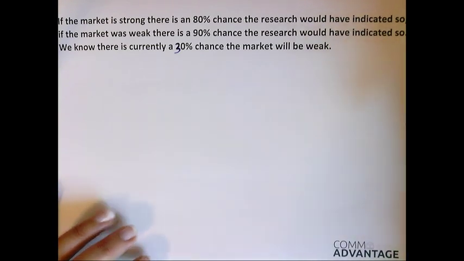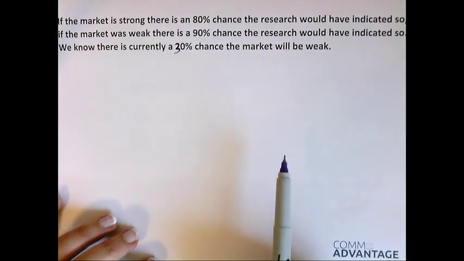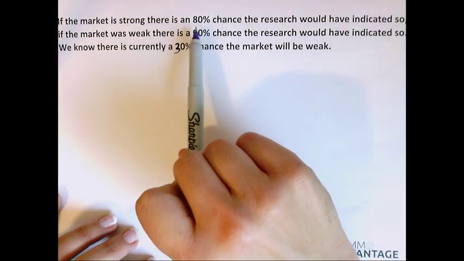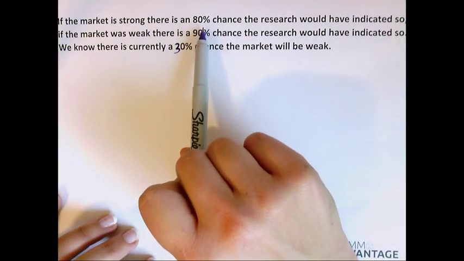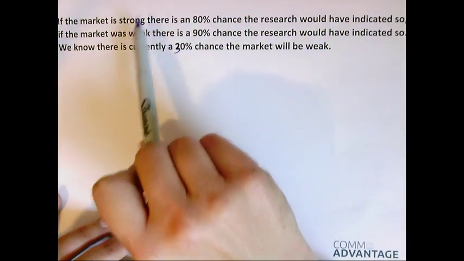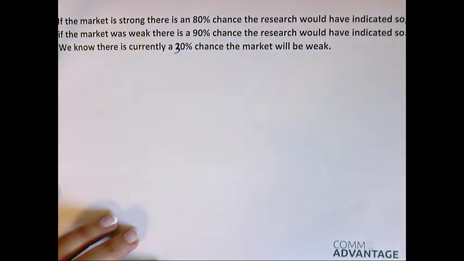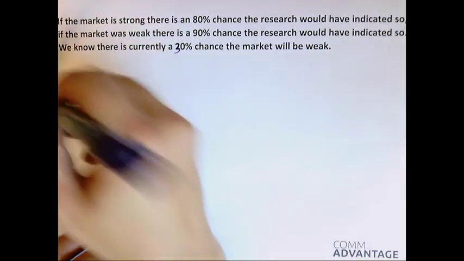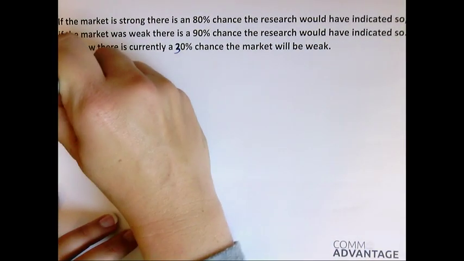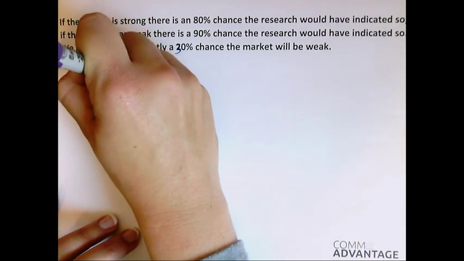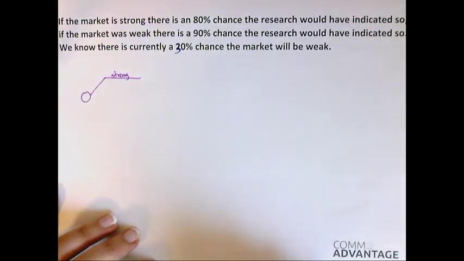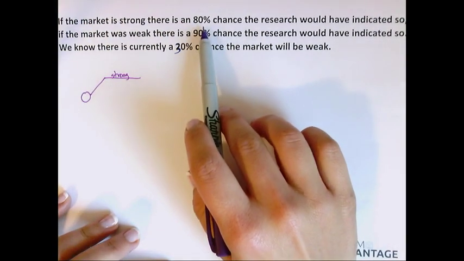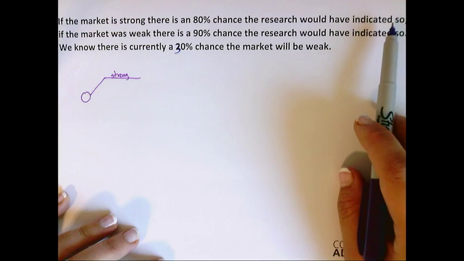So the major issue here is that they've told us the accuracy of the research based off of the condition of the market. So what we have here is that they're telling us, well, if we know that the market is strong, then we can tell you that there's an 80% chance that the research would have told us that.